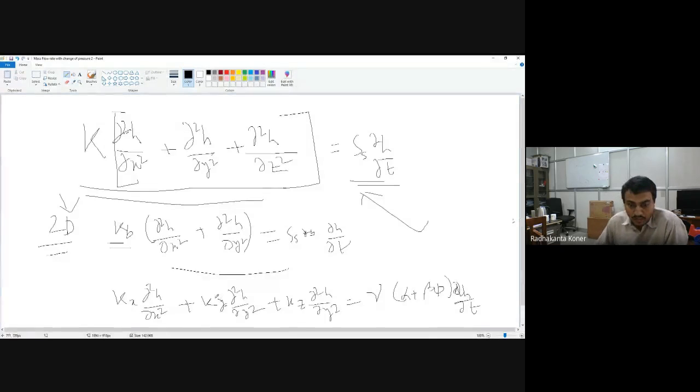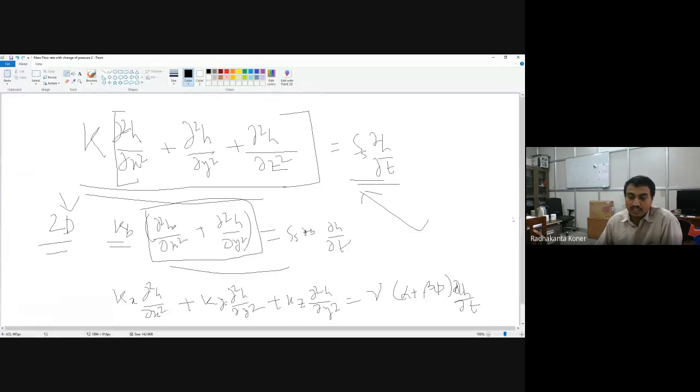So continue that. For a 2D flow, this particular expression can be rewritten as divided by this K. This K will come and we can read this.